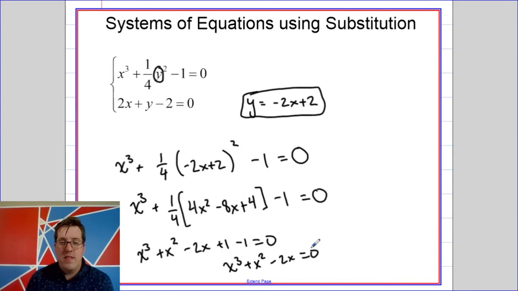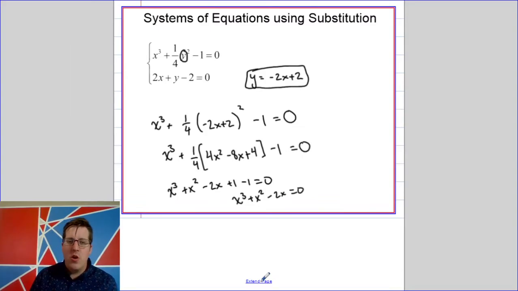Now I just solve this like any other equation. This one might have as many as 3 solutions because it's an odd polynomial function. I think you should always start by factoring if you can.